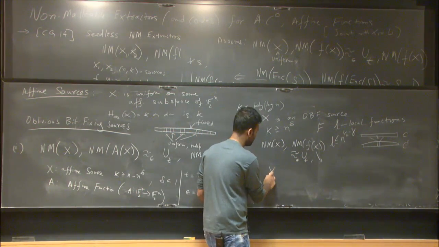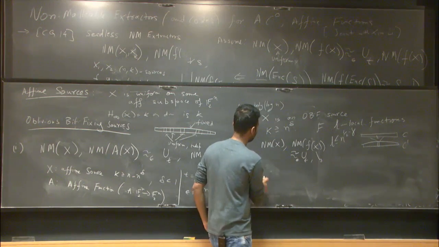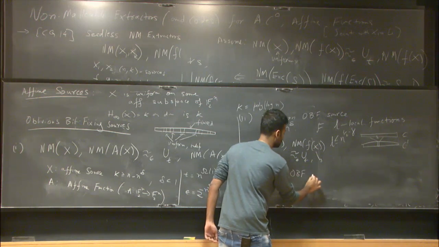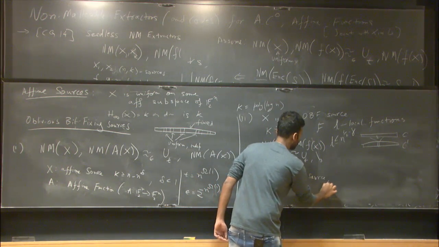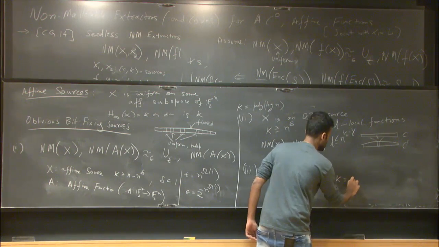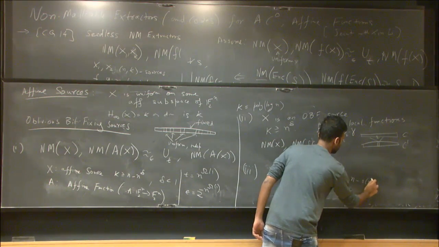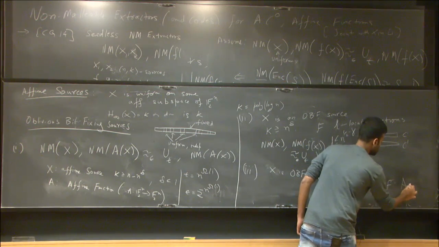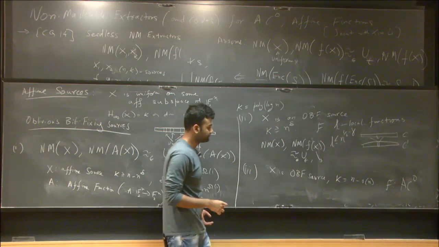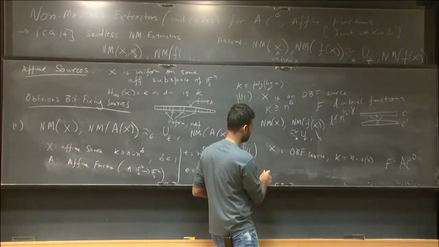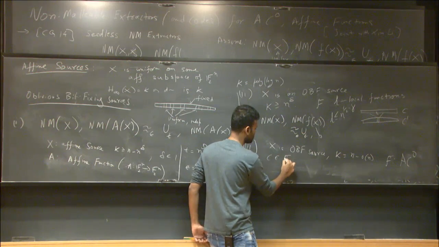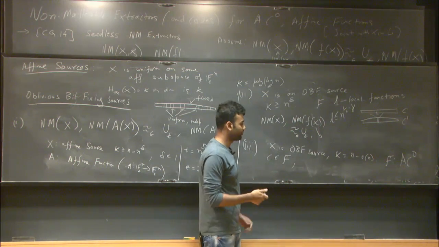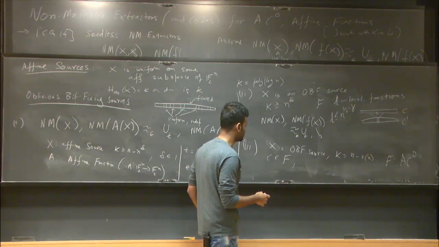And finally, when X is an oblivious bit fixing source but with much larger entropy, K is n minus little o of n, and F is the class of AC0 functions. AC0 is constant depth and polynomial size, ANDs, ORs, and NOT gates.